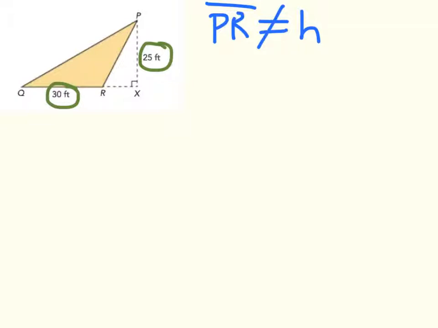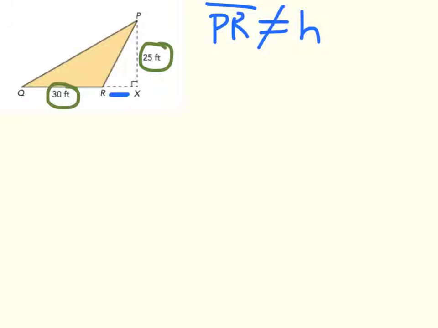So our base is actually artificially extended here in order to make a perpendicular line that meets the opposite vertex. Okay? So be really careful. Your height must meet both rules, which is it must be perpendicular to the base and it must touch the opposite vertex. Okay?